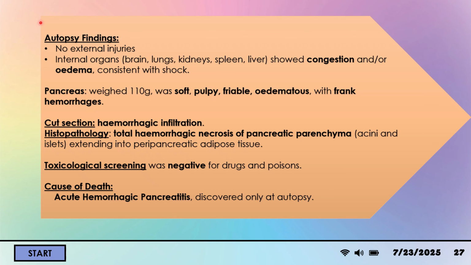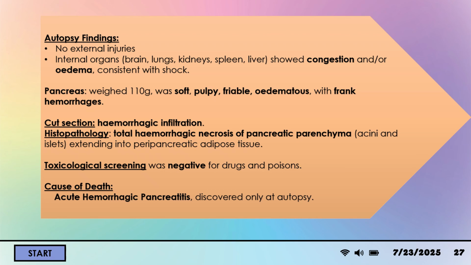It was pulpy, friable, edematous with frank hemorrhage. On cut section there was hemorrhagic infiltration. Histopathology slides were sent from many organs, but the positive findings were from the pancreas. It showed a total hemorrhagic necrosis of the pancreatic parenchyma extending into the peripancreatic adipose tissue. So the cause of death was found to be acute hemorrhagic pancreatitis, discovered only at autopsy.